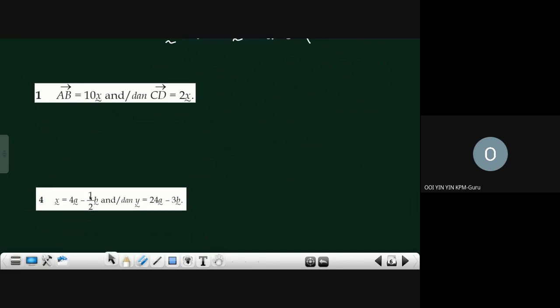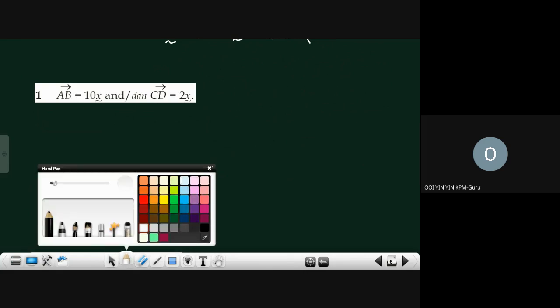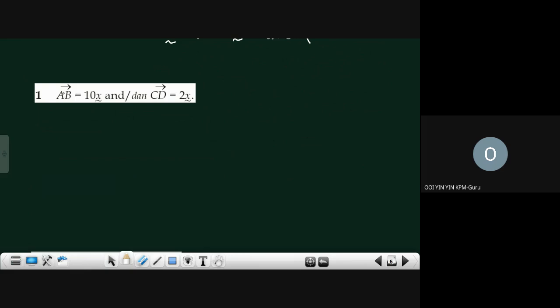Now we go to question 1. Here you have two vectors, AB and CD. You can see here is 10x, here is 2x. Basically x and x are the same. We always start with the one with the bigger number.